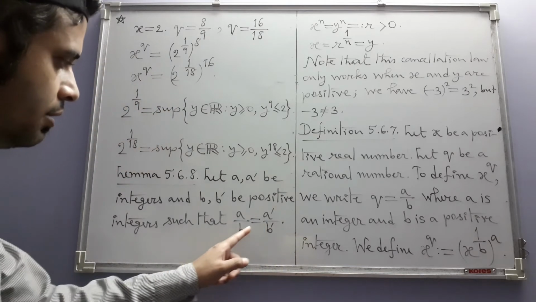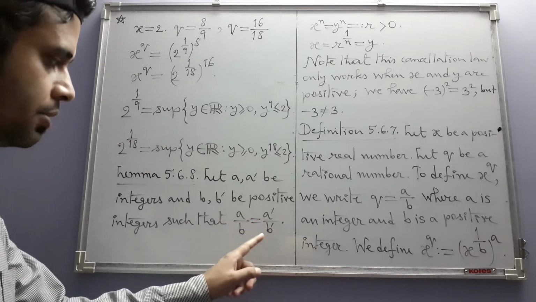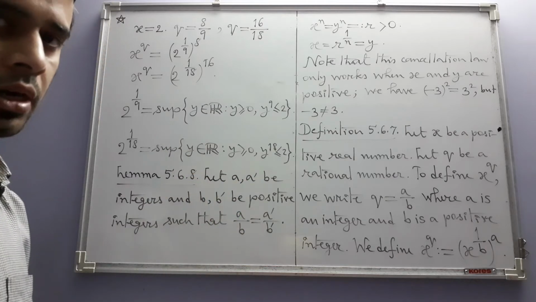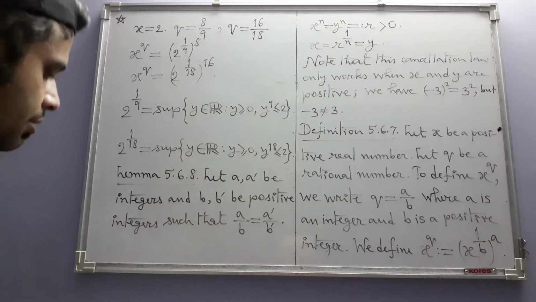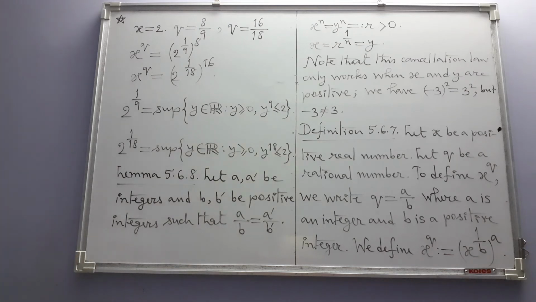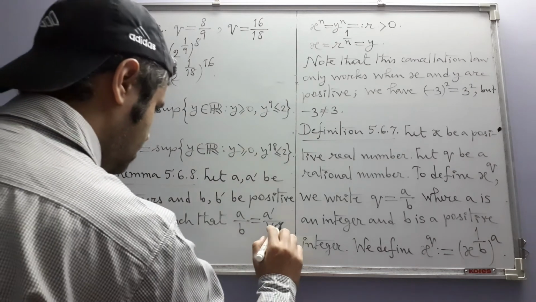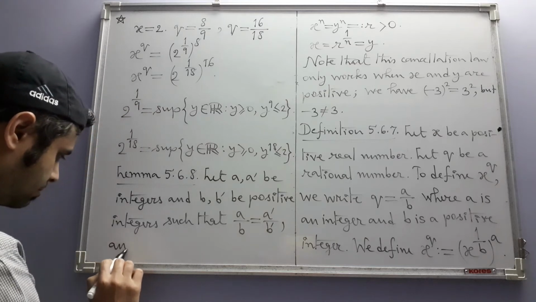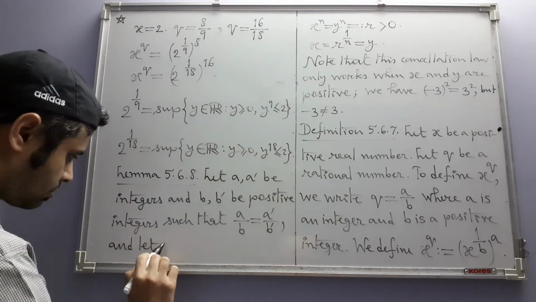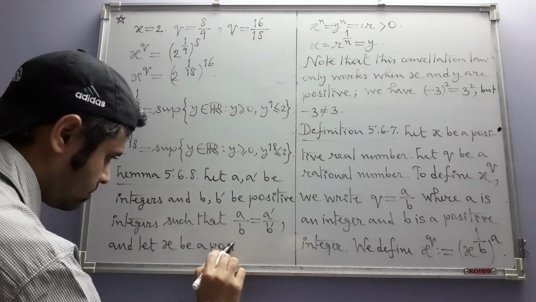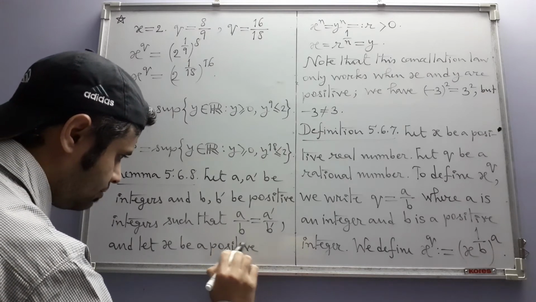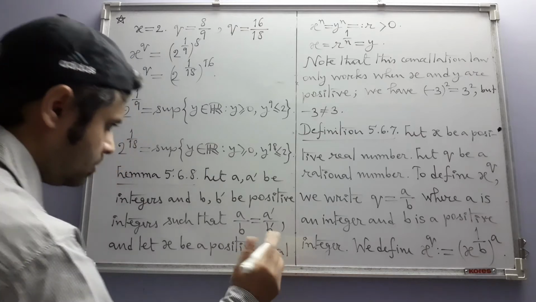So these are two different representations for the same rational number. It's like having two different representations for q here. And let x be a positive real number.